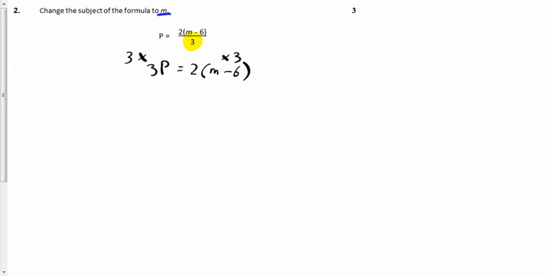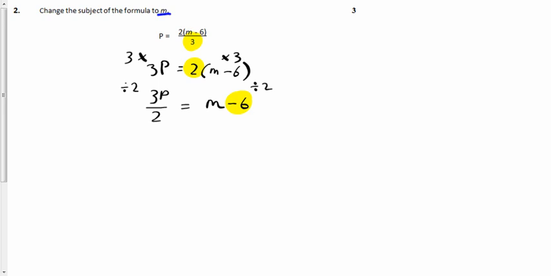I would then deal with the 2. So the whole of the bracket's been multiplied by 2. So to reverse it, I would divide each side by 2. 3p over 2, leaving it as a fraction, would leave me with just m minus 6 there. Got to get rid of the minus 6.